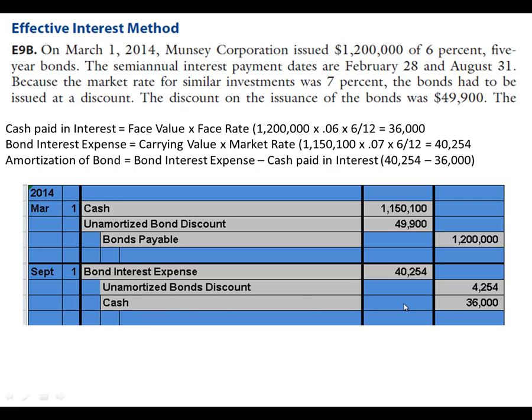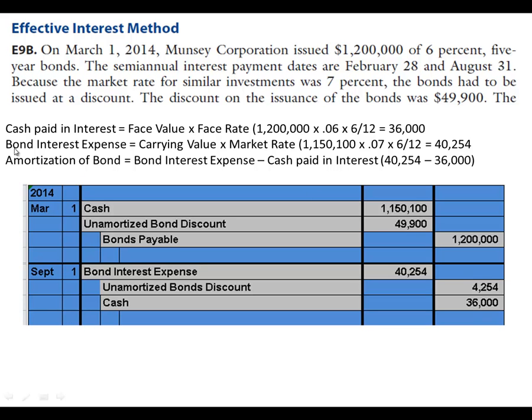I'm going to start with cash. That has not changed, how we calculate cash paid in interest right here. Cash paid in interest is face value, which is our 1.2 million, times our face rate, which is 6%, times 6 over 12, or divided by 2, which gives us the $36,000 that's going to be paid out in interest. Now that calculation holds true whether it's the straight line method or the effective interest method.